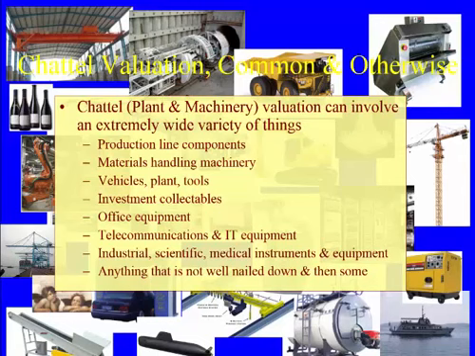So that includes things like conveyor systems, hoists and cranes, trucks and other vehicles are important. You also find investment collectibles are often valued by plant and machinery specialists. And so things like fine wine, pieces of art, and so on will be valued by P&M valuers.